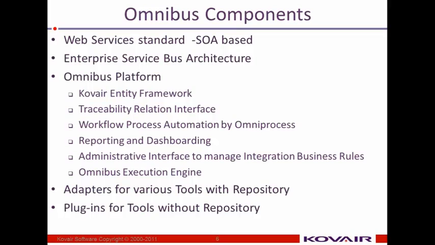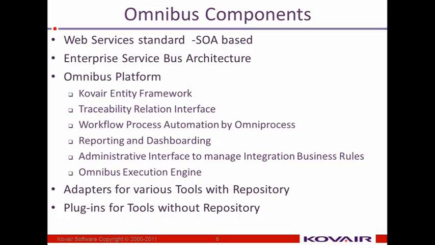Also, it includes the Omni process, which is Kovair's leading process technology, workflow technology. And using a Visio-like visual interface, you can create a process for any of these objects. So for the requirements or for the defects, for test cases, you can create multiple different workflows using this drag and drop interface of Omni process. Also, it includes the reporting and dashboarding technology.